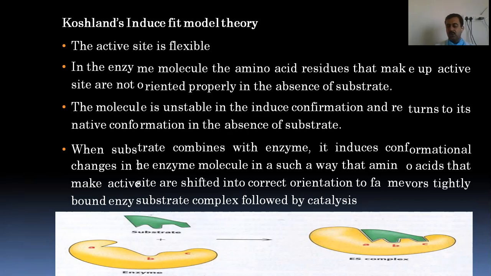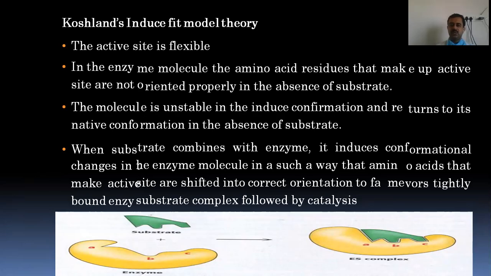The molecules are unstable in the induced conformation and return to their native conformation in the absence of a substrate. An important point is that when the substrate combines with the enzyme, it induces conformational changes in the enzyme molecule in such a way that the amino acids that make up the active site are shifted into correct orientation to favor a tightly bound enzyme substrate complex followed by catalysis.